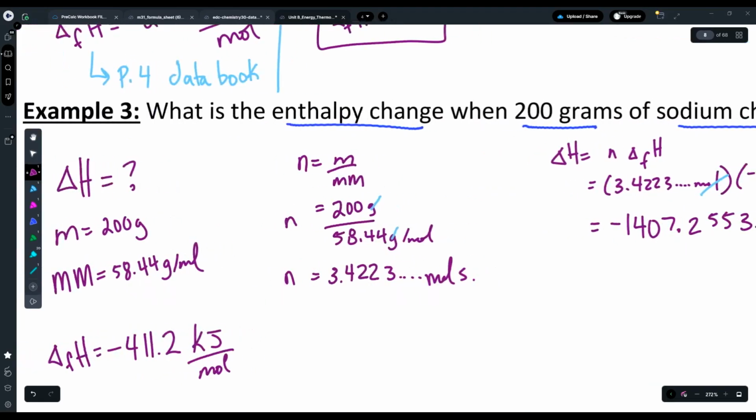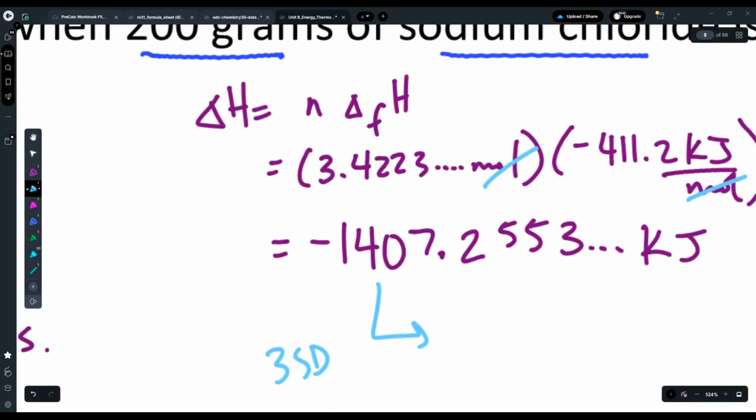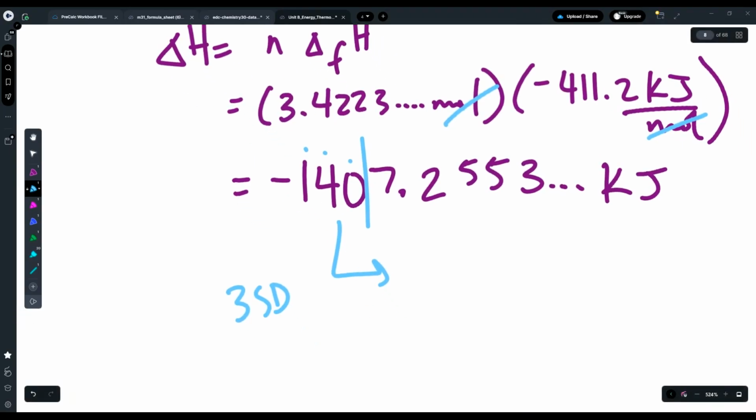All right, so looks like the only number we were given was this 200 grams. That has 3 sig digs. So if I count from the far left, 1, 2, 3, there's my cutoff line. Because it comes in front of the decimal, yep, I'm going to need scientific notation. Remember with scientific notation, you only want one digit that's not 0 to the left of the decimal.